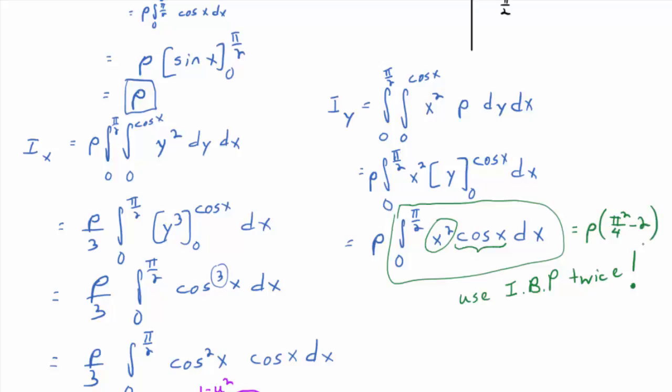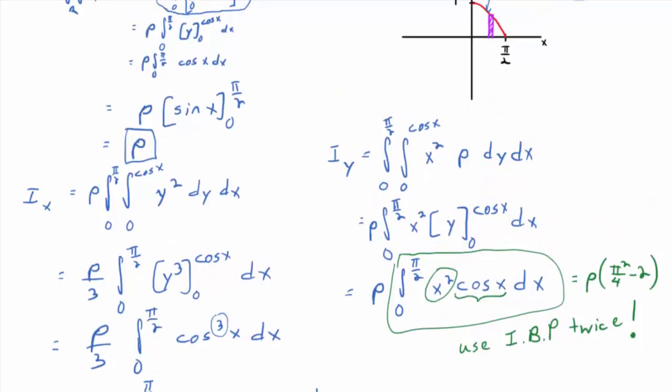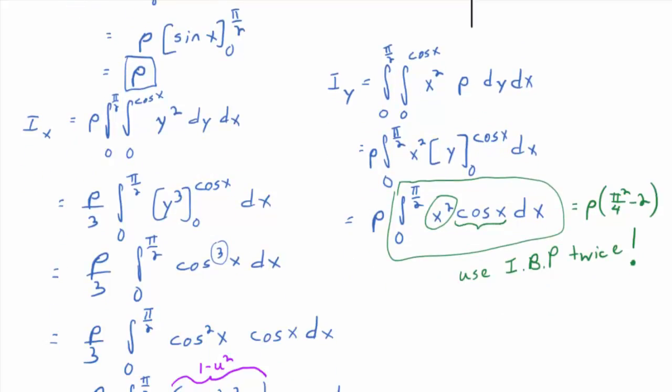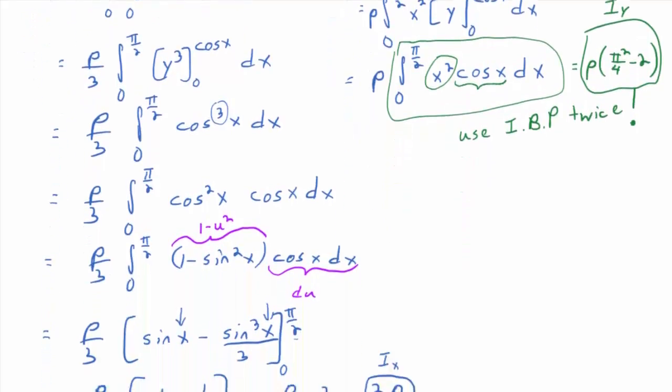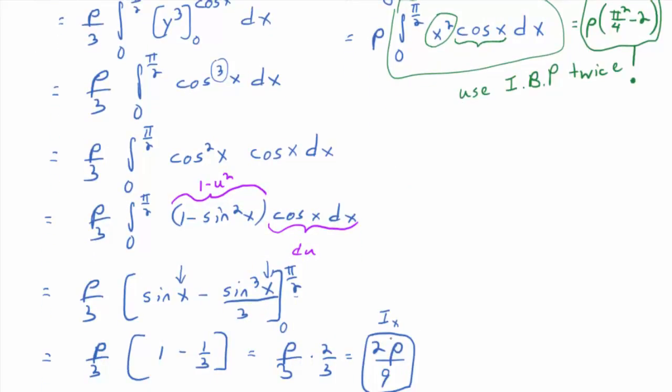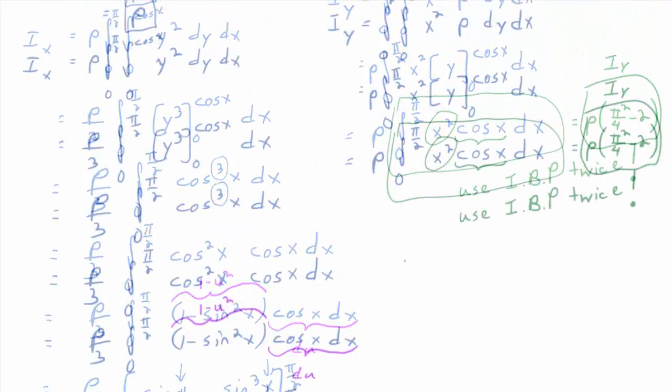But I want you to try that on your own. If you don't remember integration by parts, I want you to look it up. Okay, and then, so we have I sub y. That's the moment of inertia with respect to the y-axis. And then we have I sub x, the moment of inertia with respect to the x-axis.